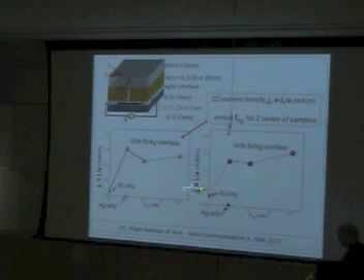This is the current density. In this plot, I have plotted the current density, that is the current for a two-dimensional system divided by the width of the stripe.